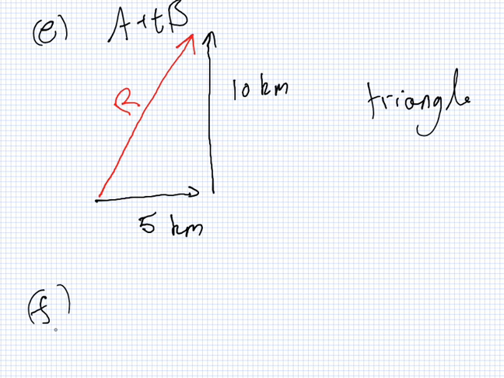So A is like a position, and B is like a speed, isn't it? Because it's kilometers per hour. So if I add these together, what do you think has happened? Speed.